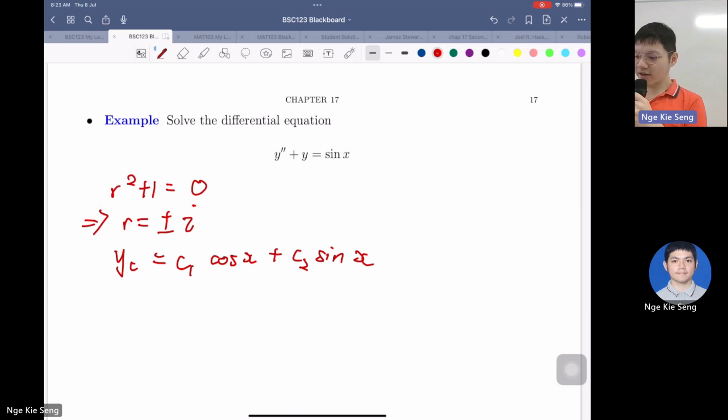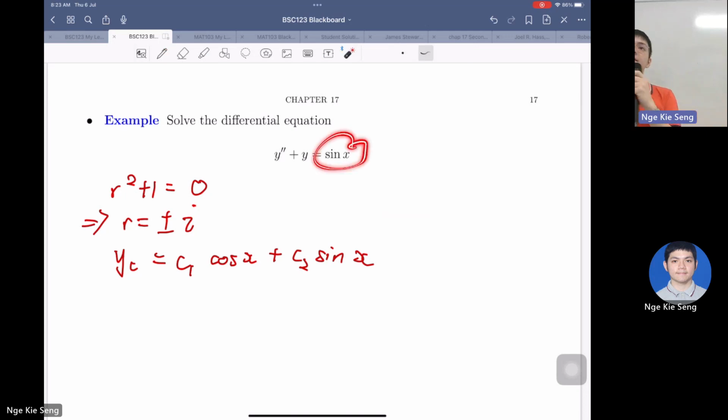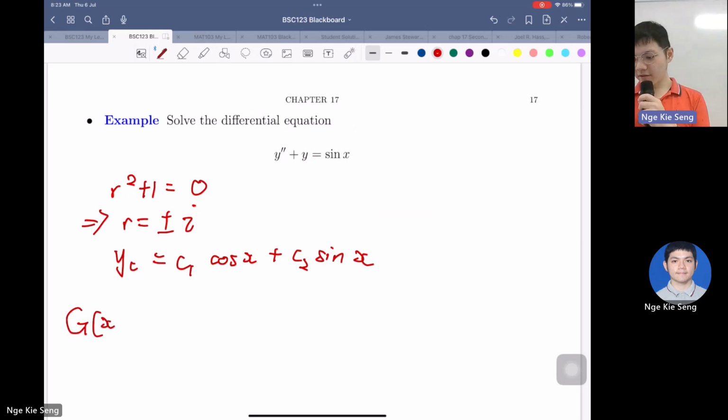But your function here is sin x, right? So your g(x) is sin x. So what kind of y do you need to consider? You also need cos x and sin x. But remember that we already have yc as sin x and cos x.